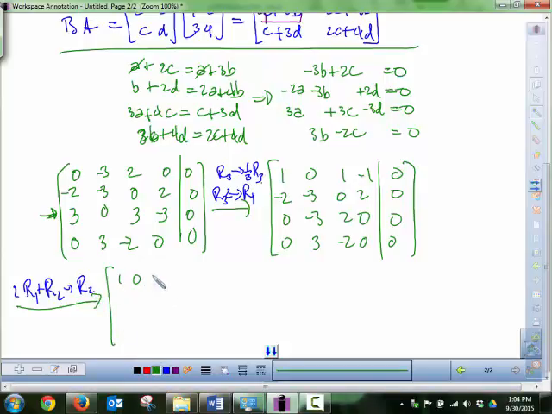So 1, 0, 1, negative 1, 0. I'm going to write smaller so I can fit more matrices here. Got rid of that. This stays negative 3. 2 times 1 is 2, plus 0 is 2. Negative 2 added to this positive 2, and that's going to be 0, and then that's 0.